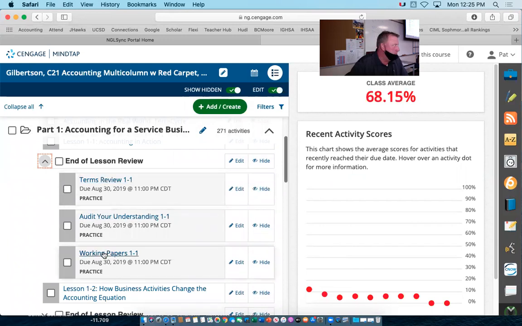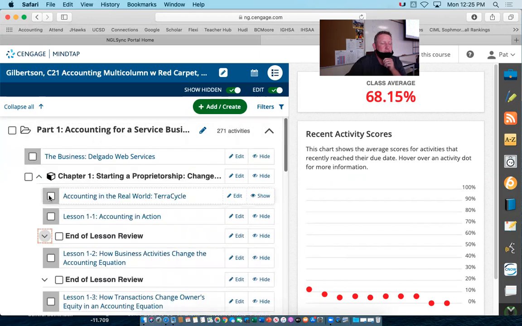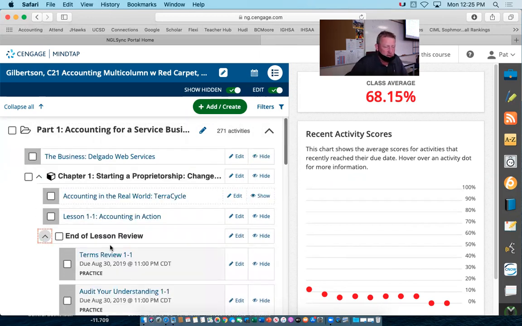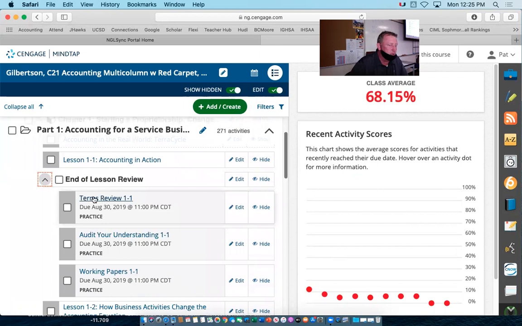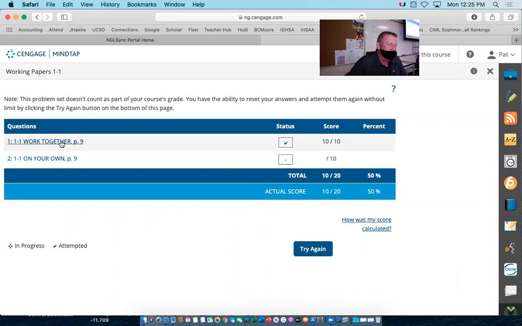We will do the working papers. Did anybody do the work together? None of you did? Okay, that's all right. That would be where the working papers are, and each section has one. There's a terms review you can use to practice, audio understanding, or questions like you would get at the end of a section. And then the working papers have both a work together and an on your own.